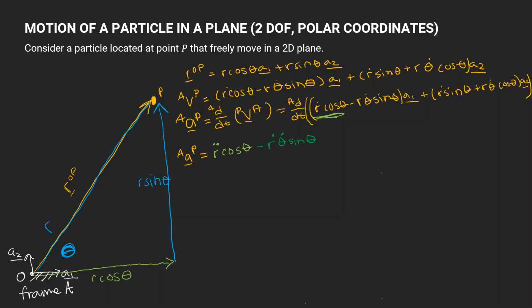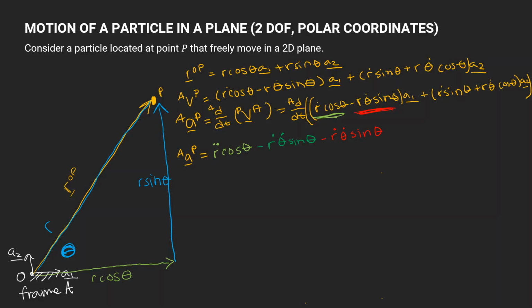And now we're going to move over to this next term, which again we're going to use a combination of the product rule and chain rule. So we'll start with the first term. So we have minus r dot theta dot sine theta.